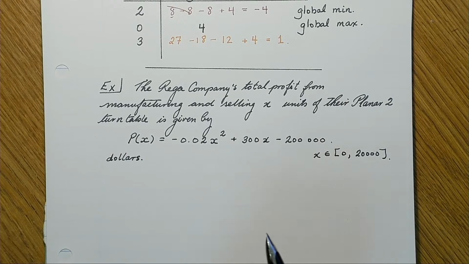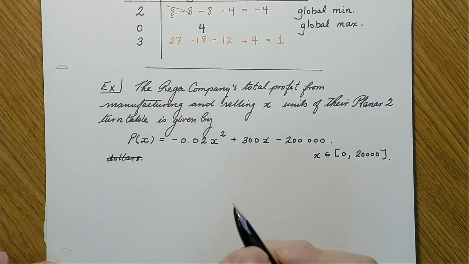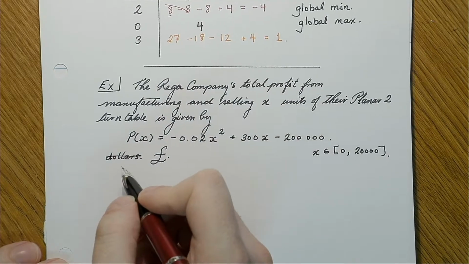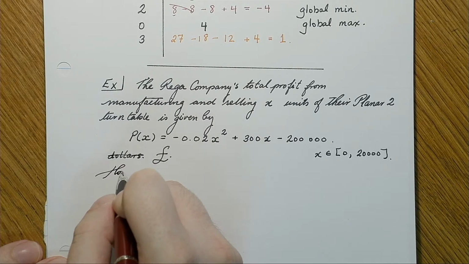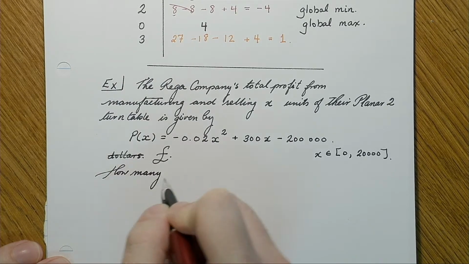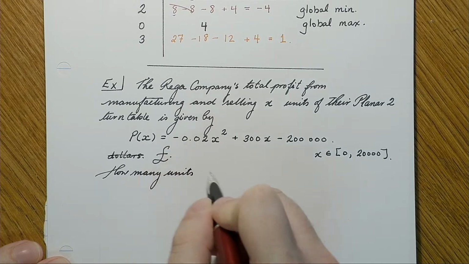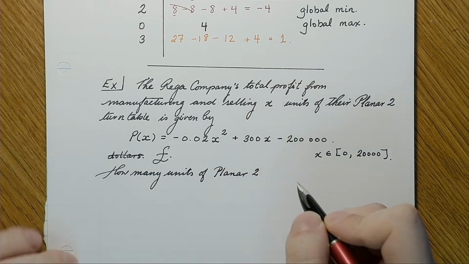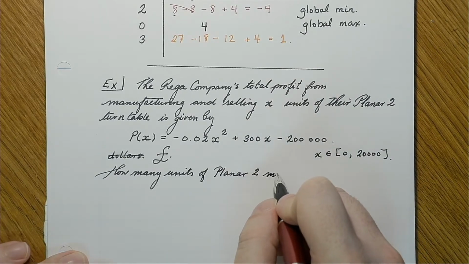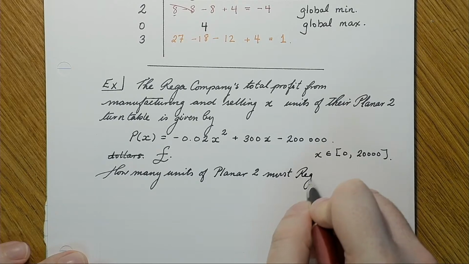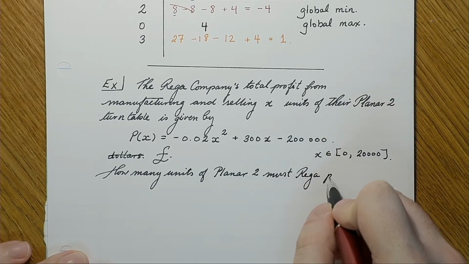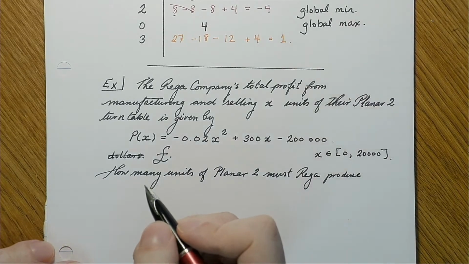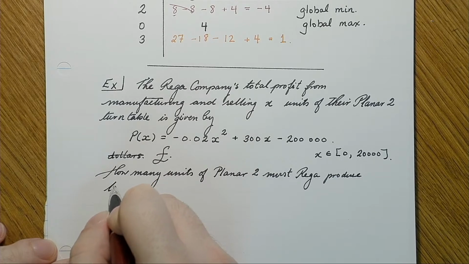It's in dollars. No, because they're British, it's in pounds. How many units of the Planar 2 must Rega sell to produce to manufacture profits?